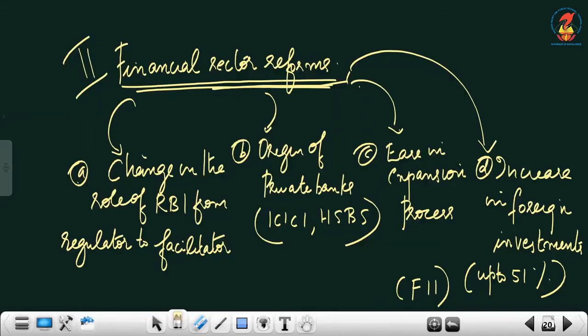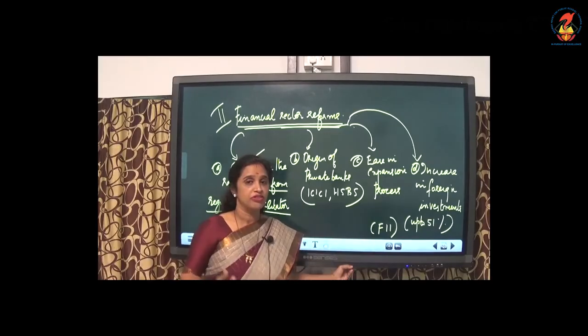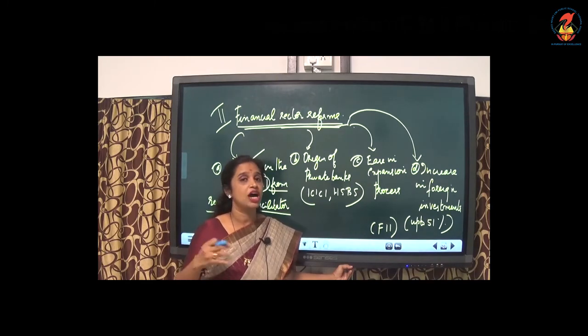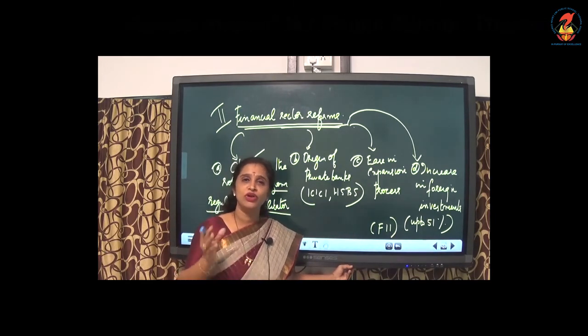Point number 1, change in the role of RBI from regulator to a facilitator. What is the RBI's role now? From a regulator to a facilitator. RBI will give all the support for other banks to function. RBI will not regulate, it will only facilitate their function.